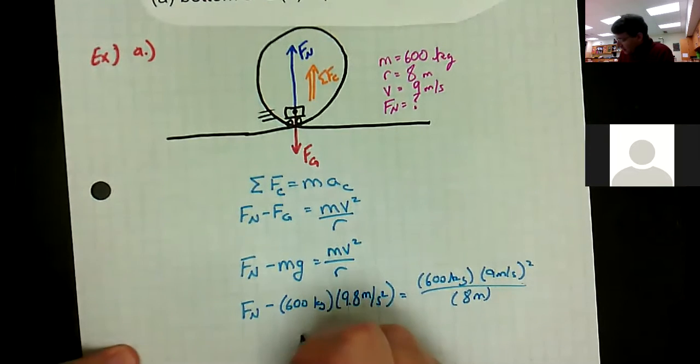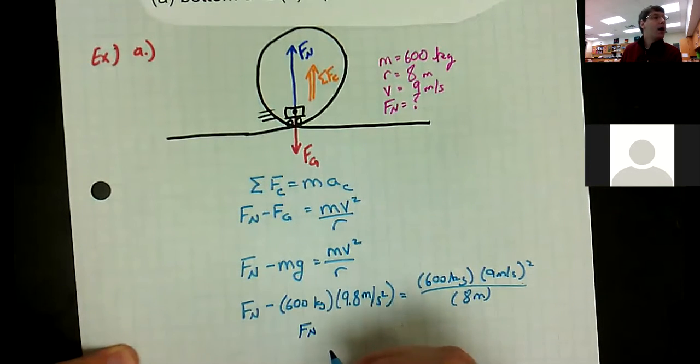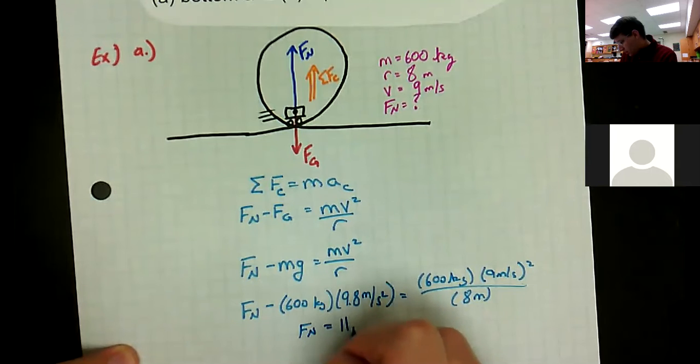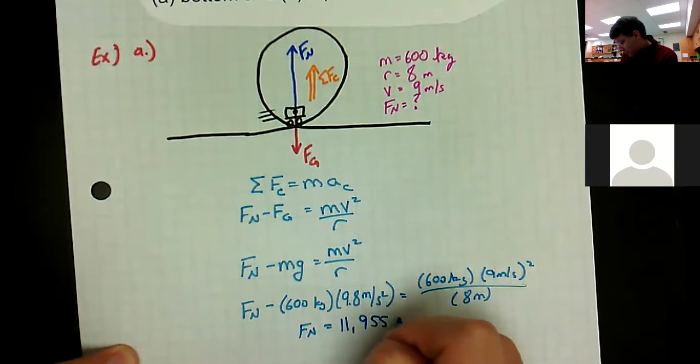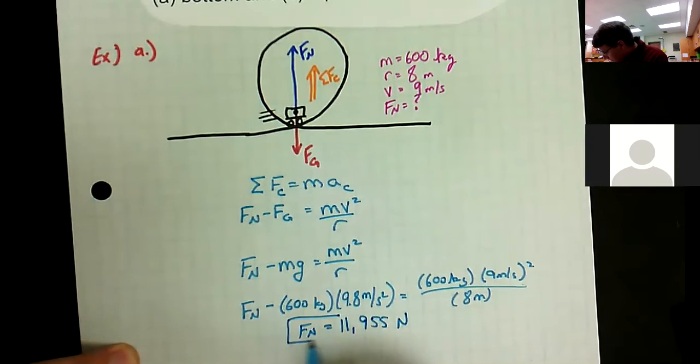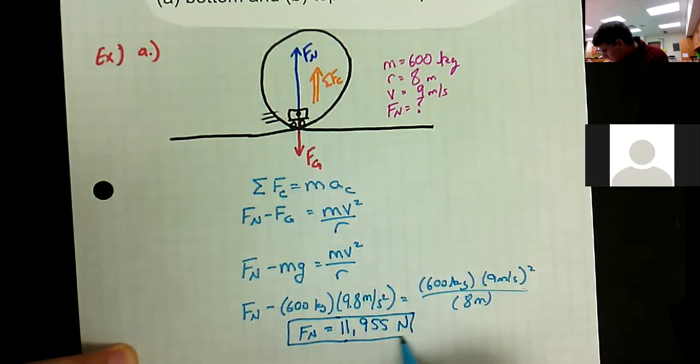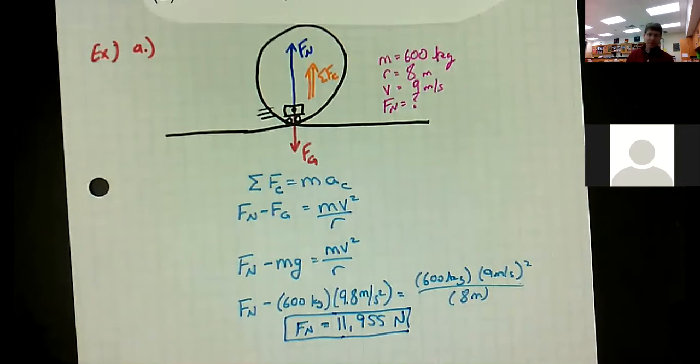Let's see here. So I end up getting 11,955 newtons. Any questions about that?